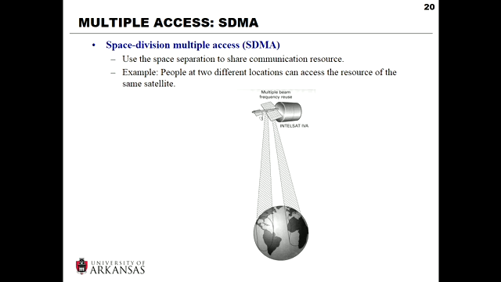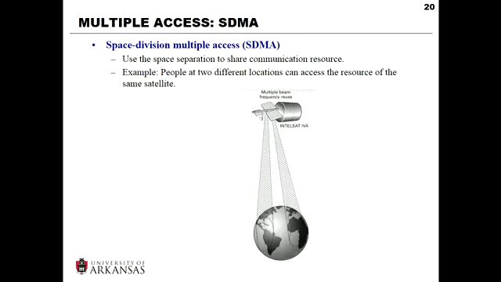This was originally used for satellite, but nowadays, for the next generation cell phone systems, we are going to use this kind of SDMA. It's called multi-user MIMO. We are using an antenna array to serve multiple users simultaneously. That's one of the key technologies for 5G systems. And that's actually everything that I have.